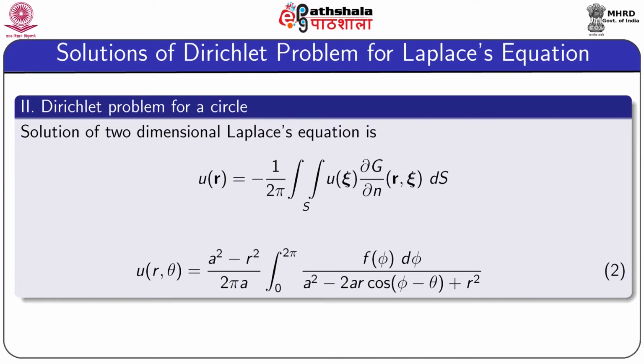So, you substitute that expression here, and we have to substitute the value of u on the bounding surface, that means the value of u on the circle. So, if that is given as small f, then u at r theta can be written as a square minus r square by 2 pi a, integration 0 to 2 pi, f phi d phi by a square minus 2 a r cos phi minus theta plus r square.